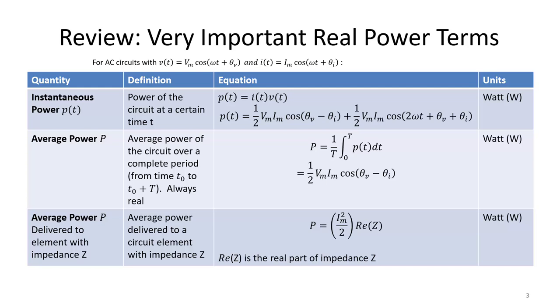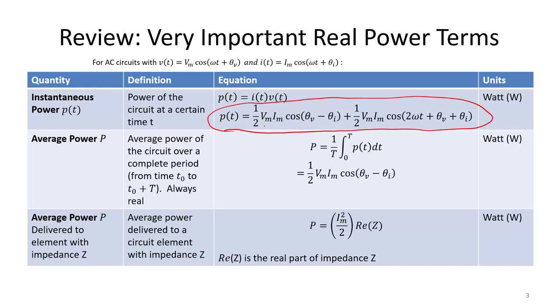You'll remember that AC power actually can come in a variety of flavors. First, we have our instantaneous power, which is our AC power as a function of time. We can write our power as a product of current times voltage, but because of that trig identity that we learned about last time, the product will actually result in our instantaneous power equation.